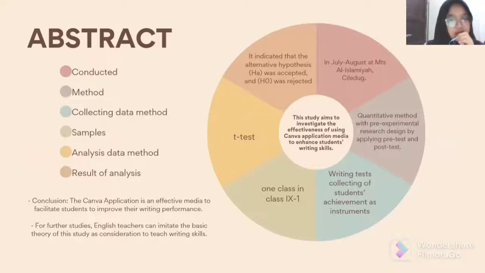The sample is one class, class 9-1, and the data analysis method is the t-test. The result of this analysis indicated that the alternative hypothesis, HA, was accepted and the H0 was rejected.